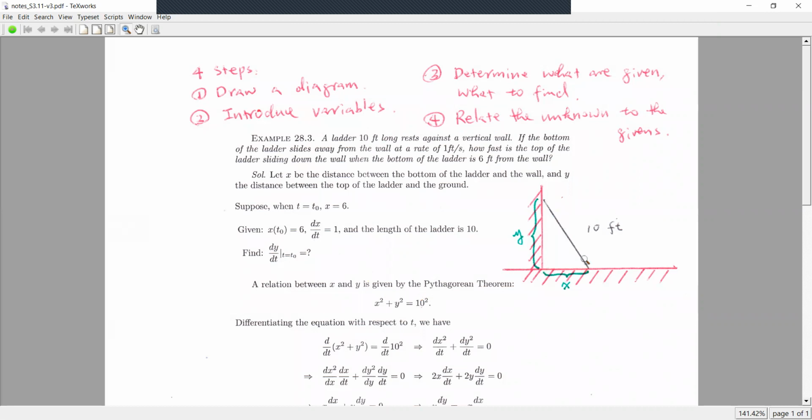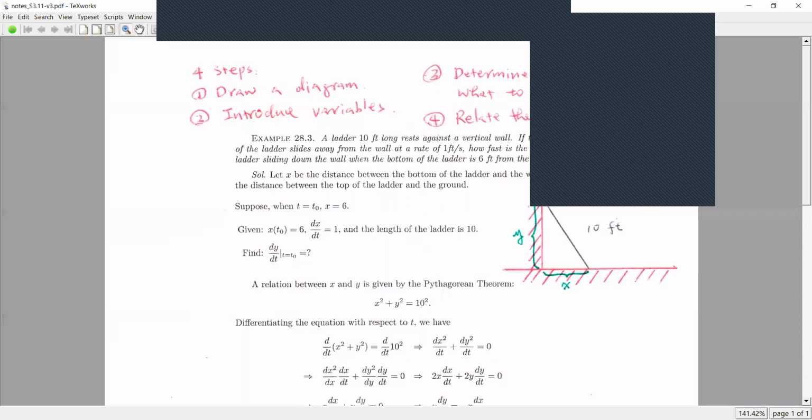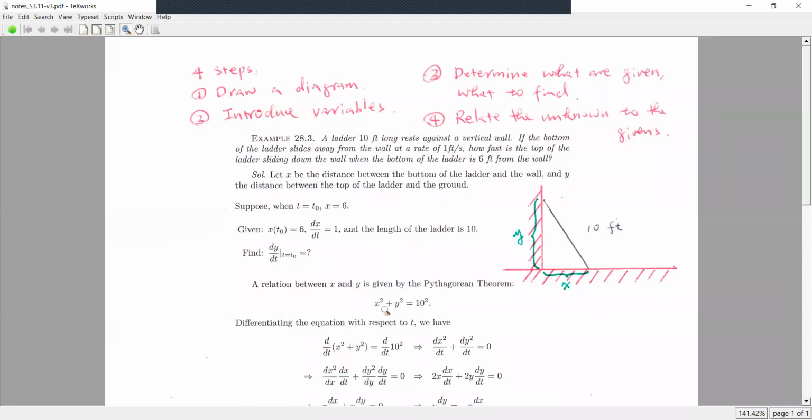By the Pythagorean theorem, ten squared is equal to x squared plus y squared. So I have this equation. Take the derivative on both sides with respect to the time t. Then I have this equation.